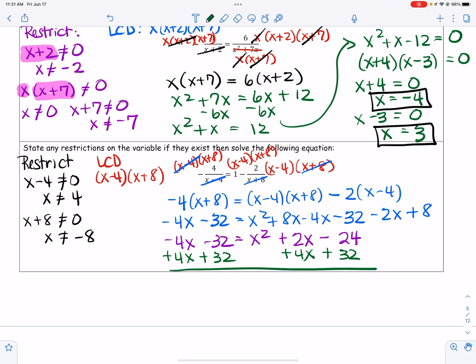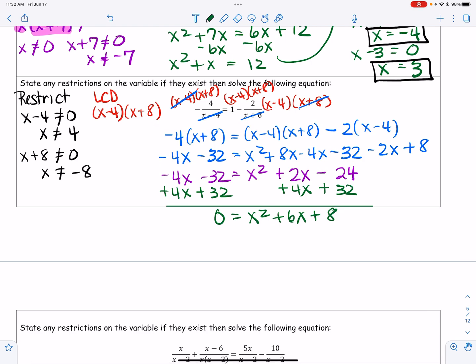And so that gives me 0 equals x squared plus 6x plus 8. So we factor it. I'm looking for factors of 8 that make 6. That's positive 4 and positive 2.